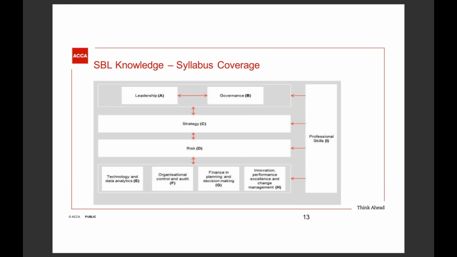So when you look at the SBL knowledge, the syllabus coverage that you have, basically you will have leadership and governance here at the top. And then things that support your leadership, governance, and your strategy and risk. These are the two things that are in the picture when you look at this.